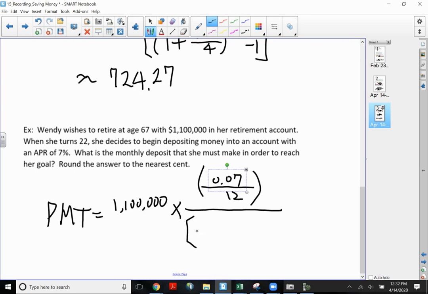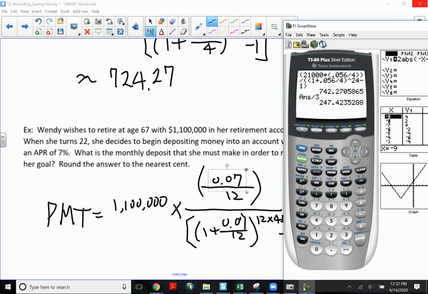Whole thing divided by bracket, parenthesis, 1 plus 0.07 over 12, raised to the 12 times how many years? 67 minus 22, that's 45 years later, and minus 1. Okay, so let's figure it out.